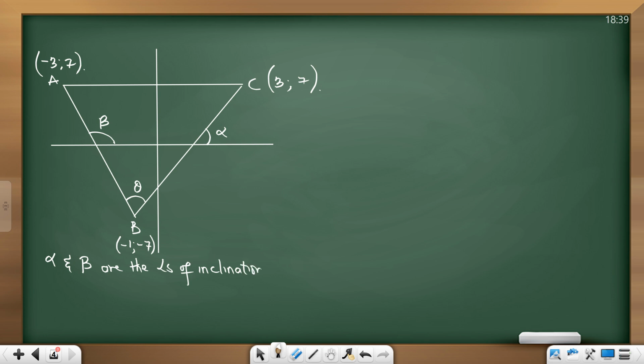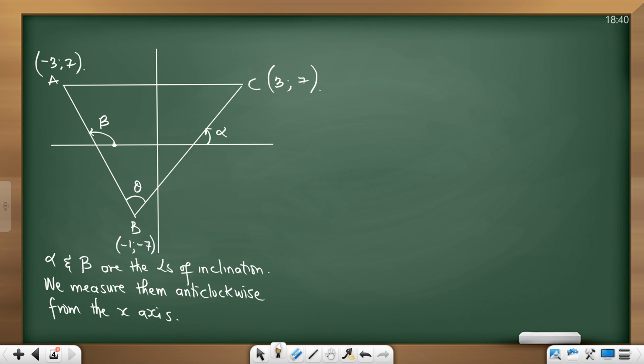Do you know why? We measure them from the x-axis. We measure them anti-clockwise from the x. Let's put this arrow there, from the x, don't forget.